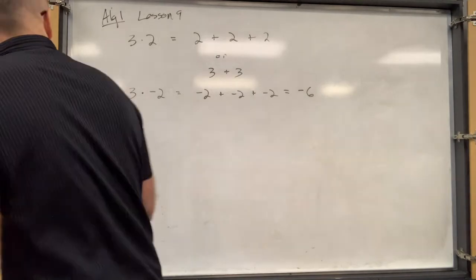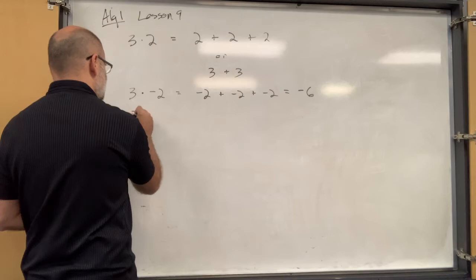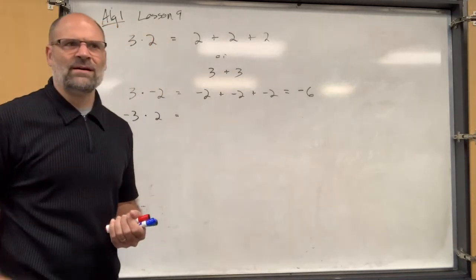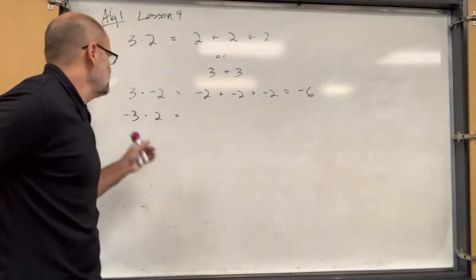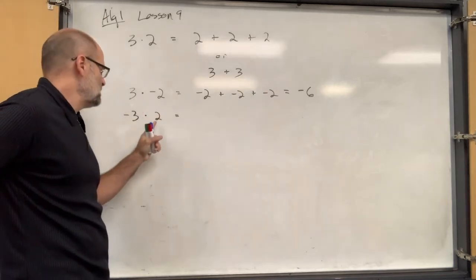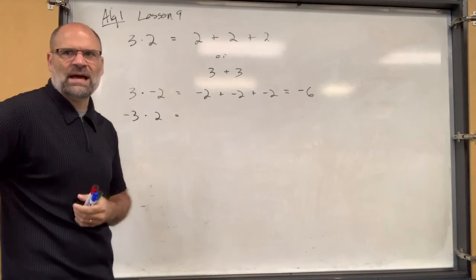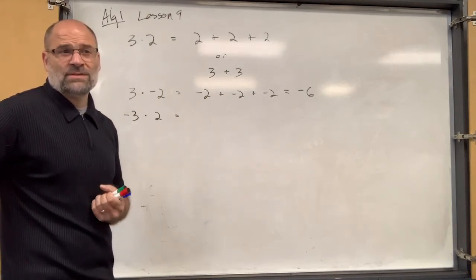So, what about this? What if I said -3 times 2? Well, what does it mean to have -3 2's? Well, this means you're going to add 2 -3 times. What does it mean to add something a negative amount of times? What operation is that?